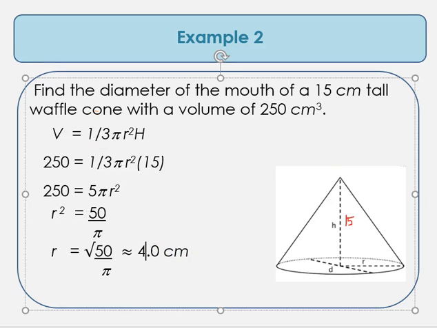Sorry, had to make a little change there. And in this problem, we were solving for diameter. The diameter would be twice the radius, so the diameter would be 8 centimeters.